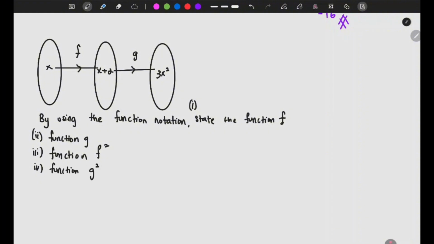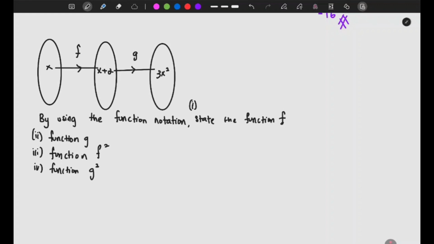So using the function notation, there's a question that gives you x goes to x plus 2 and 3x squared. So now what the question says, by using the function notation, state the function f. I hope this shouldn't be a problem.